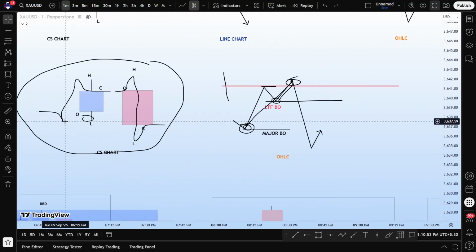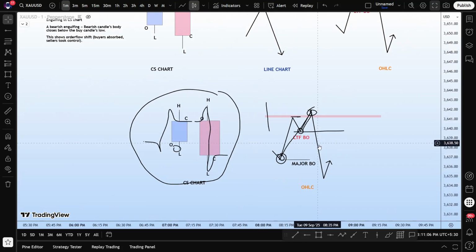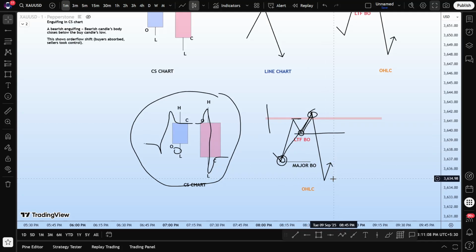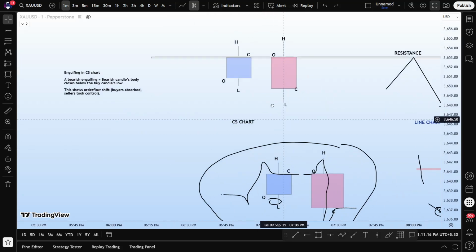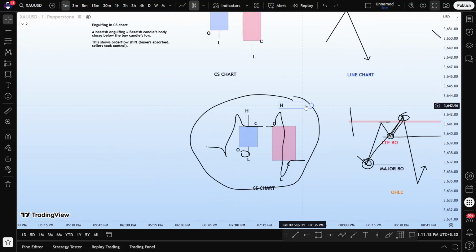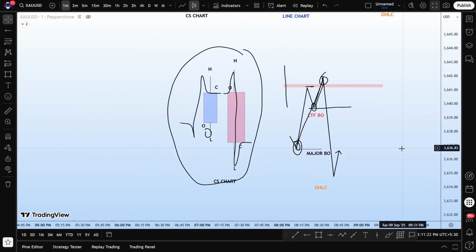Over here, when the engulfing sell was formed, we understood that this low was broken and this low has also been broken. That tells us that the shift in order flow is happening. Just like this, the buyers were absorbed and the sellers took control in the case of a bearish engulfing pattern.